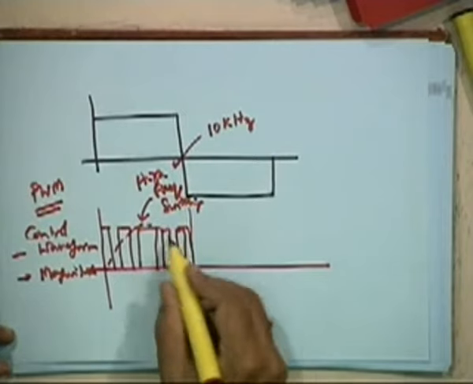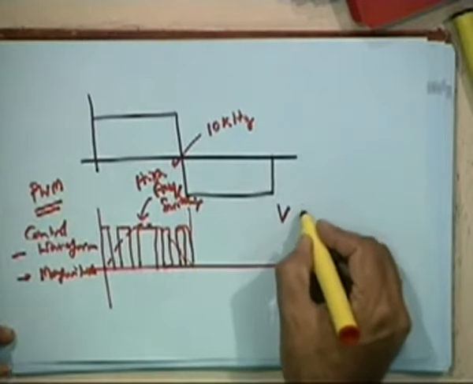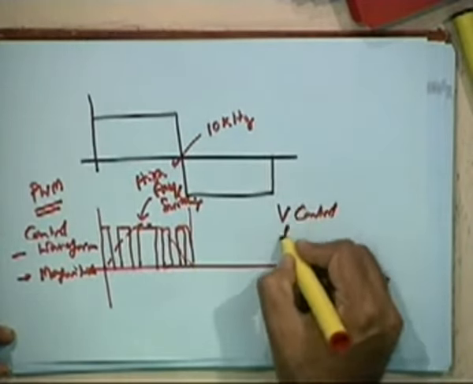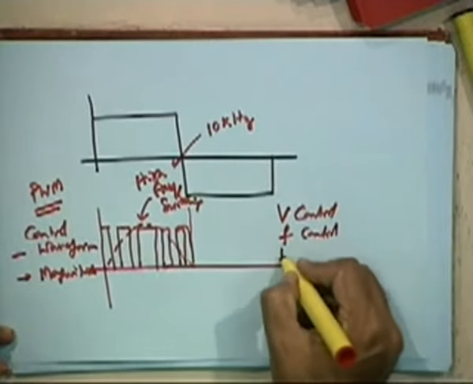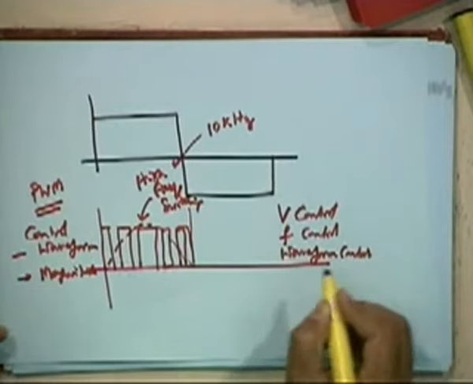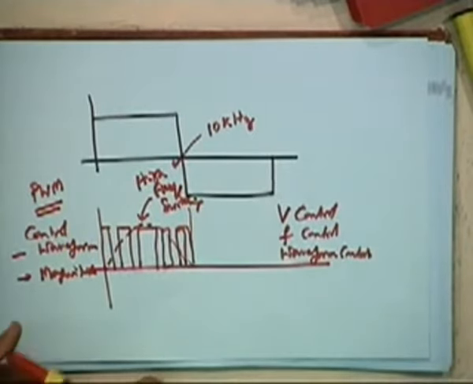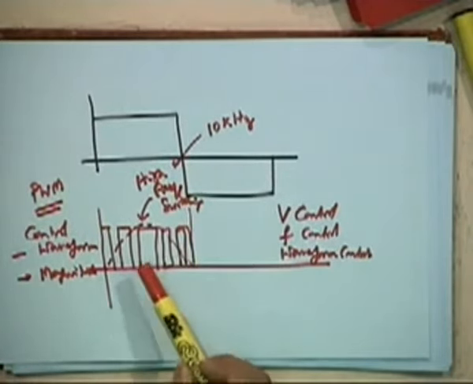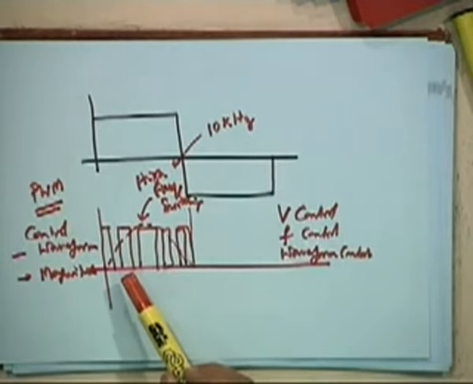So you are able to get what is known as V control, F control, and waveform control. All three things are possible electronically nowadays. These have become fairly standard, chips are available, and you can use these waveforms.